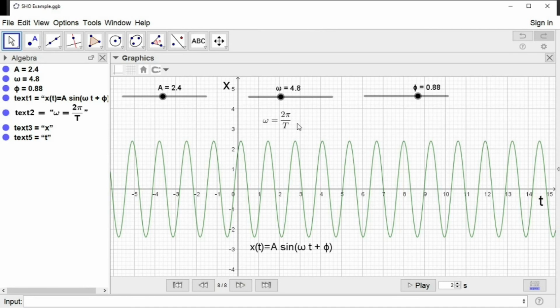So this is a display of the solution to the simple harmonic oscillator function. If you look down here at the bottom of the page, it's x of t, the position of the oscillator. So this is a mass vibrating on a spring, oscillating back and forth. The position as a function of time is given by the function A sine of omega t plus phi, where A and phi are coefficients, and omega, as written up above the curve here, is 2 pi over the period.